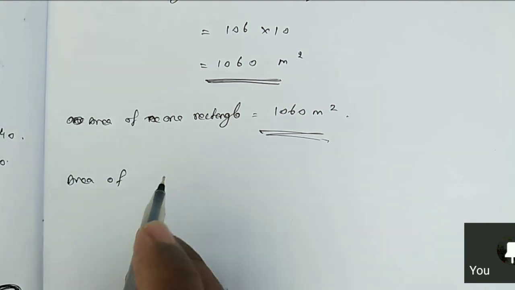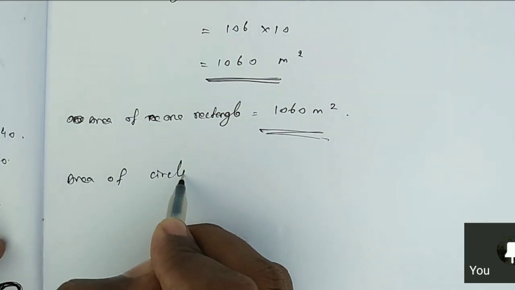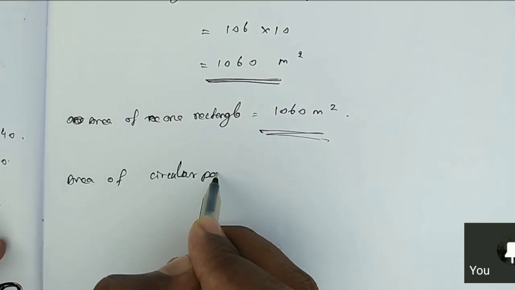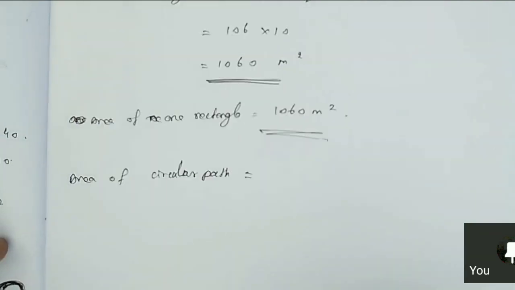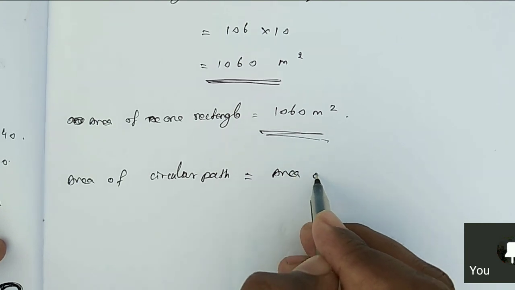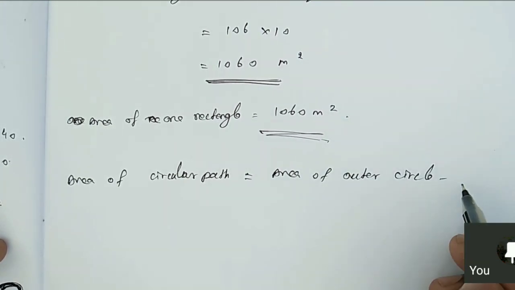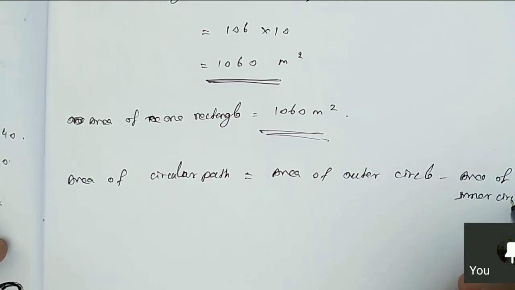Next, area of circular path. What is a circular path? Area of outer circle minus area of inner circle, right? Okay.